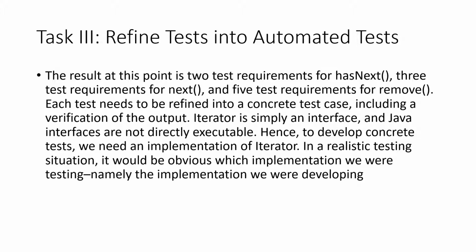Iterator is simply an interface, and Java interfaces are not directly executable. Hence, to develop concrete tests, we need an implementation of Iterator. In a realistic testing situation, it would be obvious which implementation we were testing, namely the implementation we were developing.